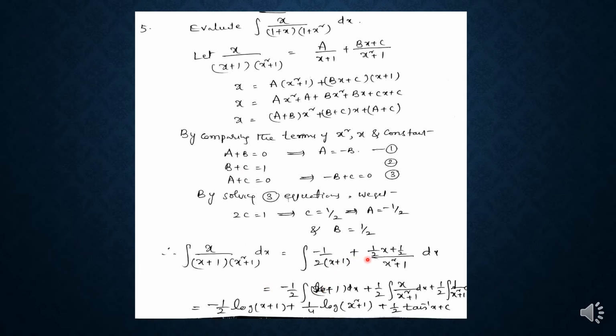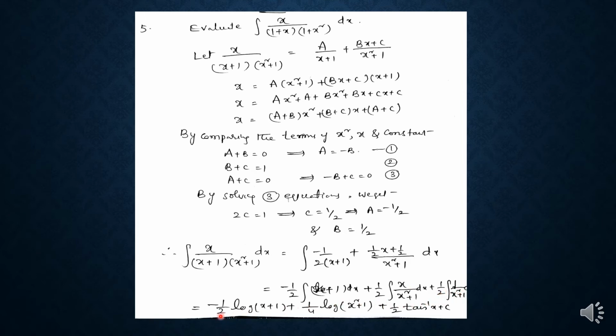Bx means 1 by 2 x, plus c means plus 1 by 2, divided by x square plus 1 dx. Now splitting these functions separately, minus 1 by 2 into integral 1 by x plus 1 dx, plus this term can be written as 1 by 2 into integral x by x square plus 1 dx, plus 1 by 2 by x square plus 1, that can be written as 1 by 2 into integral 1 by x square plus 1 dx.